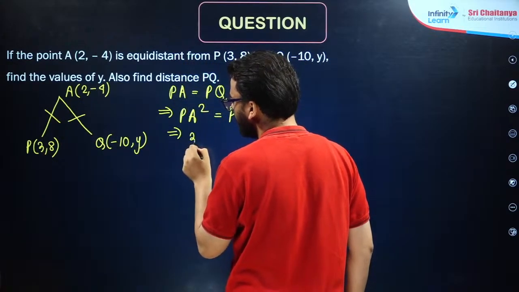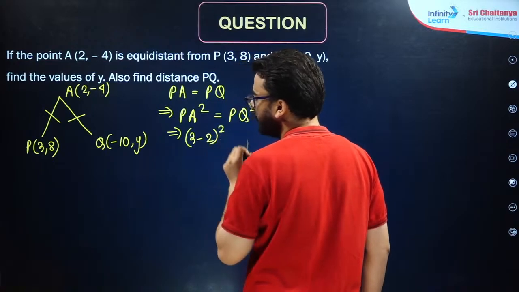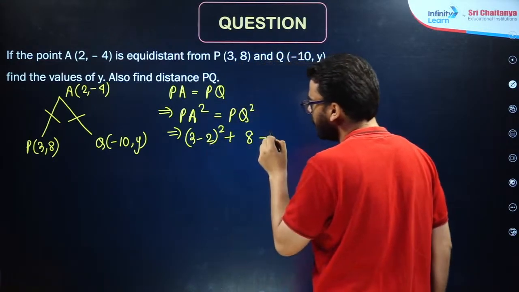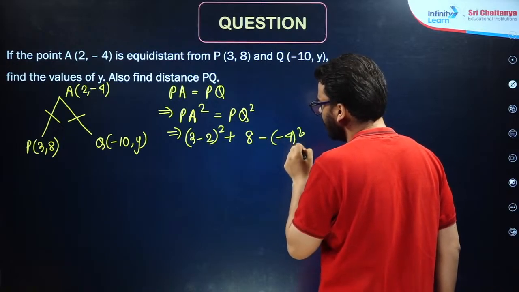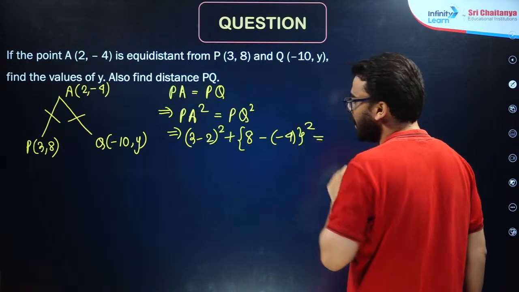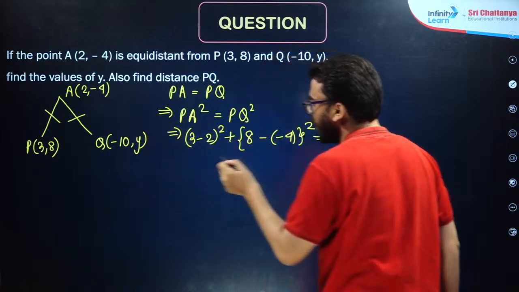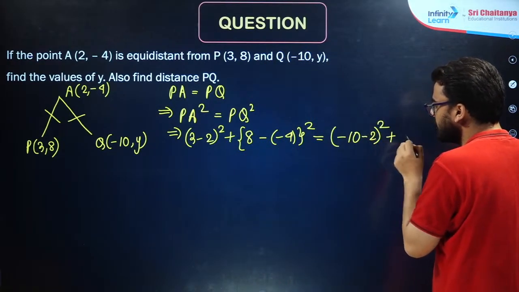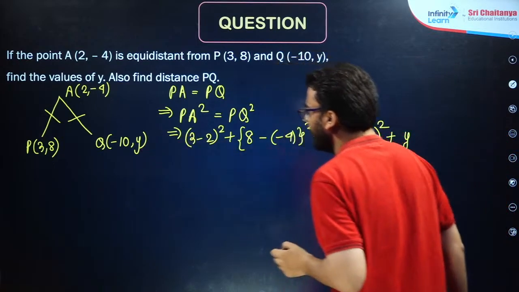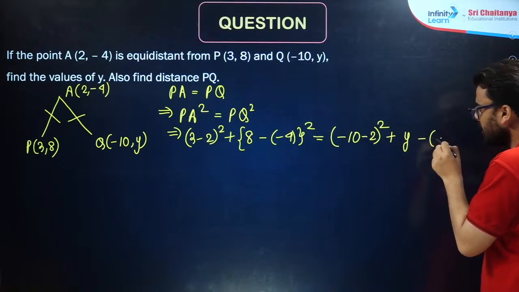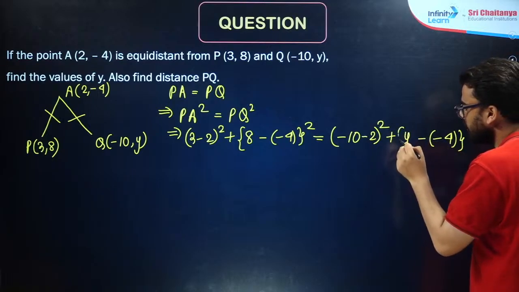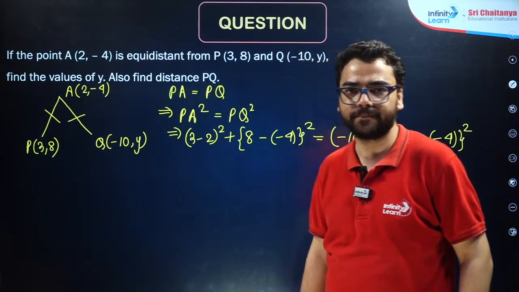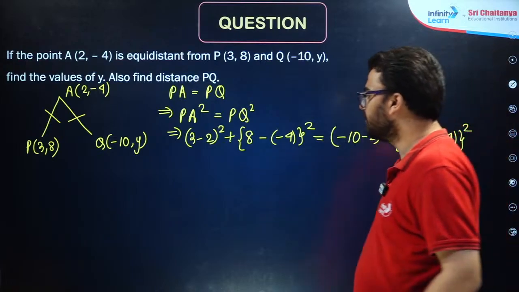It will be 3 minus 2 the whole square PA and then plus 8 minus is coming from the formula and minus 4 is already there, whole square, and that will be equal to what? Minus 10 minus 2 the whole square plus y, and then minus is coming from the formula and minus 4 is already there. So therefore two negative signs. I hope it is clear up till here. So you can further simplify this thing.